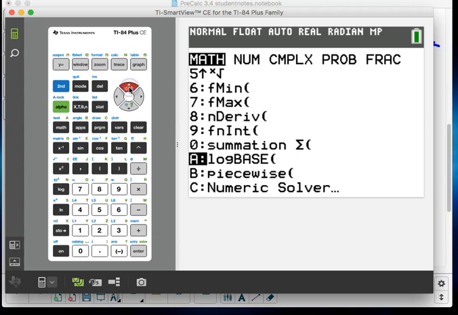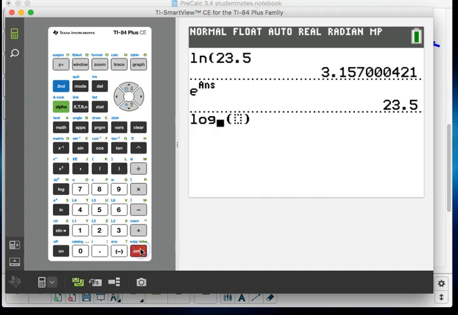Look at that, log base. It's log base change. I can actually put that in the main calculating area of my calculator, or I could use it in my graphing portion of my calculator. It's some pretty cool, nifty, thrifty stuff.